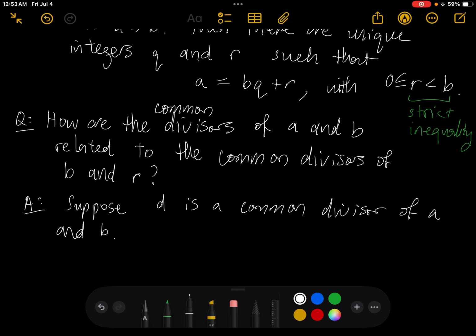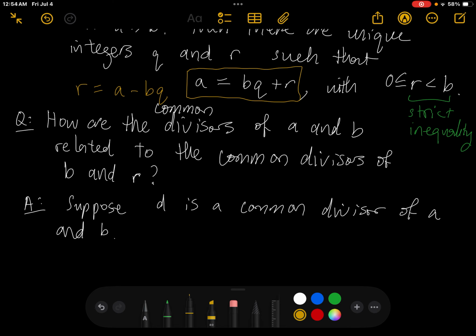Well, if d is a divisor of a and b, so a and b are multiples of d, well, if you look at this equation, r is equal to a minus bq. So if d is a divisor of a and it's a divisor of b, then d is also a divisor of b times q. So d is a divisor of a and bq, and therefore it must be a divisor of r, right?